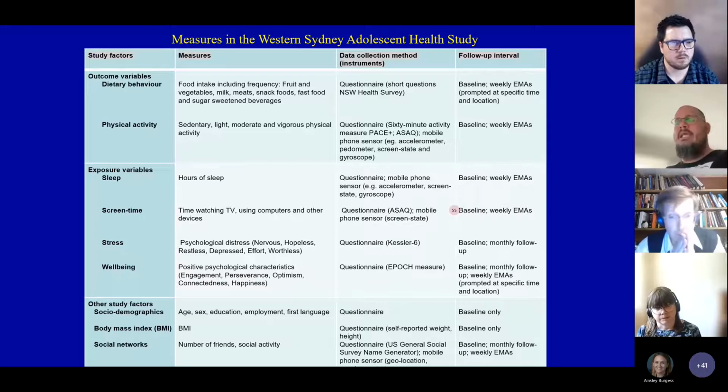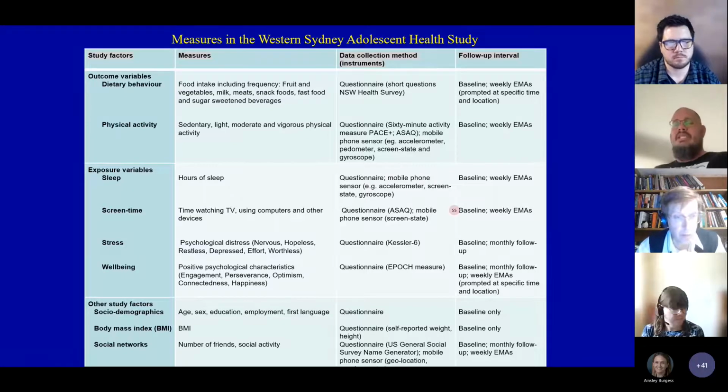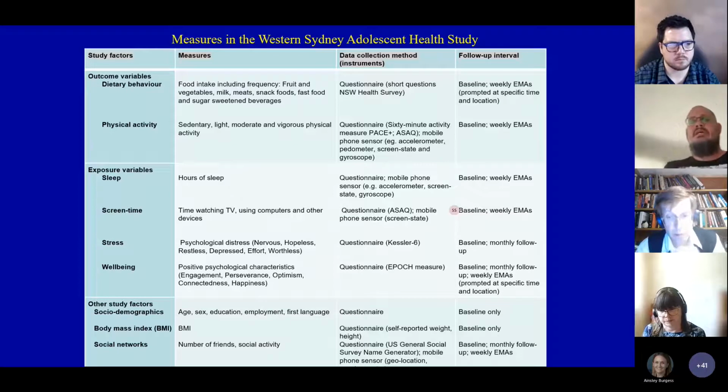When they accept to participate in the study, they receive a baseline questionnaire and all the authorizations and ethics information. After that, they would receive weekly a series of questionnaires, and they would agree to give us the sensor data.